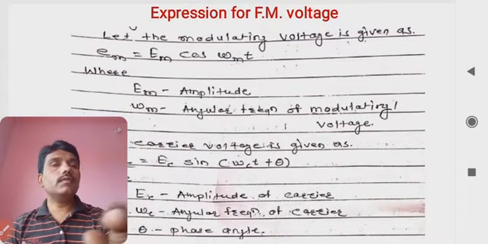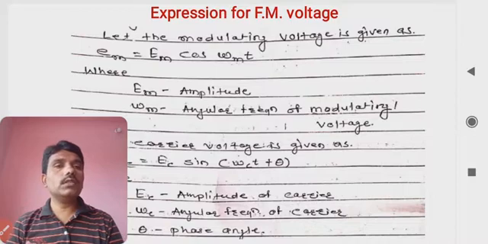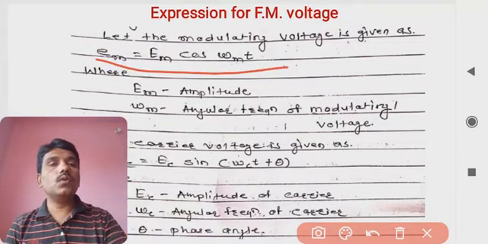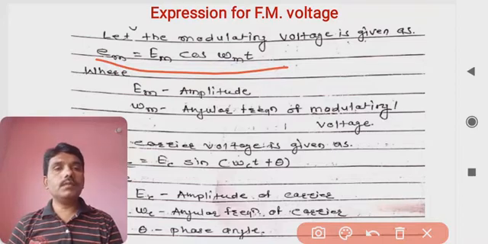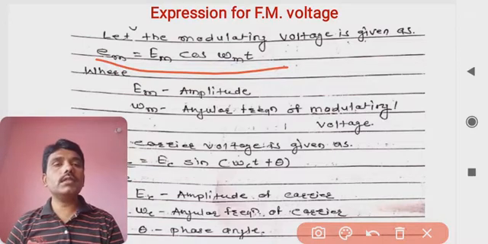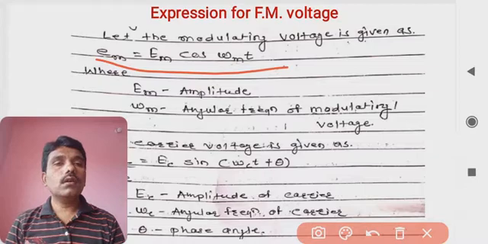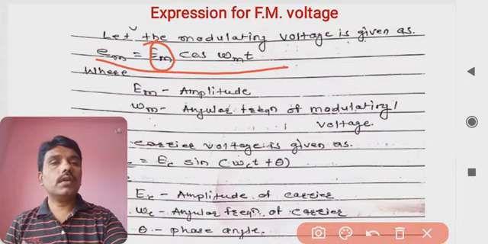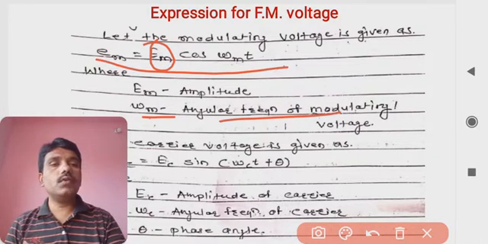So the modulating voltage is given as em equal to Em cos of omega m t. Here Em is the amplitude and omega m is the angular frequency of the modulating voltage.